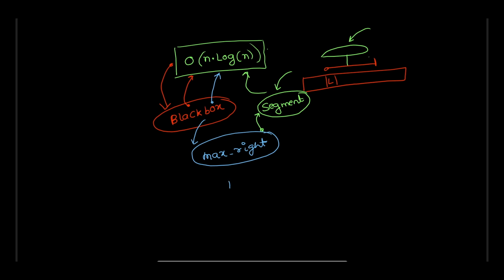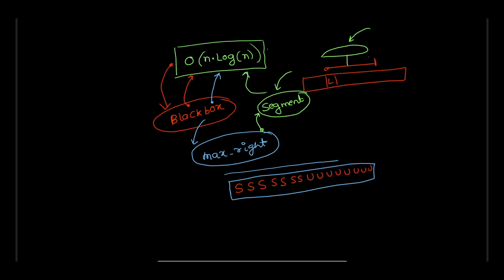If you have an array and you have defined a segment tree over it, and you want to partition it like so, where some of the indices are safe, so your prefix is safe and your suffix is unsafe, then instead of trying to locate the safe index yourself by splitting at the midpoint and querying the segment tree again for the maxima, you can just ask it for the max right position of the safe index, which is over here.